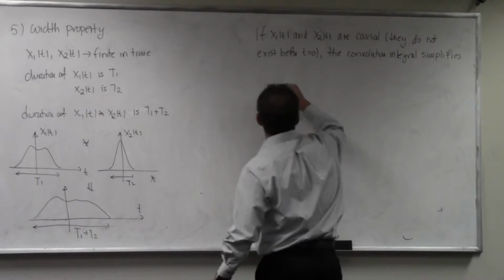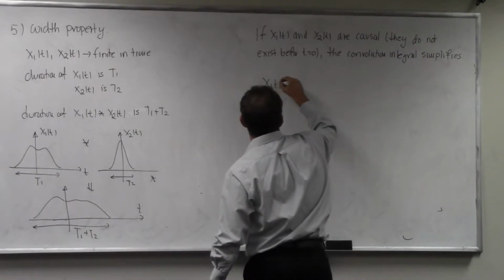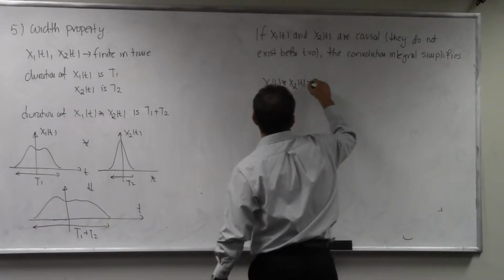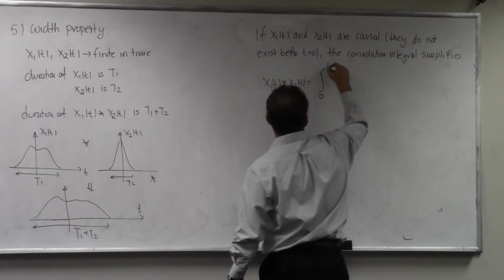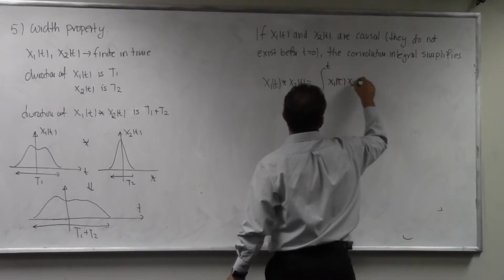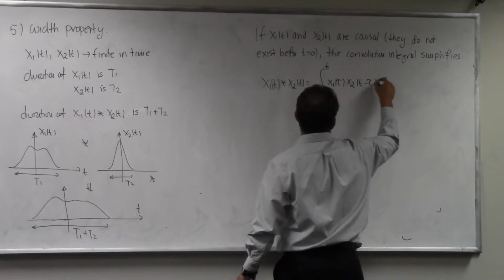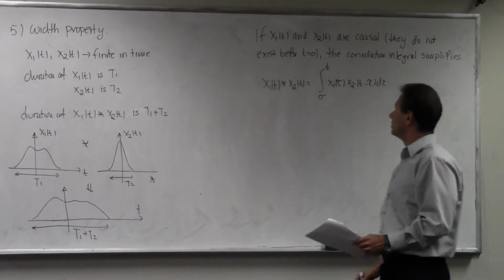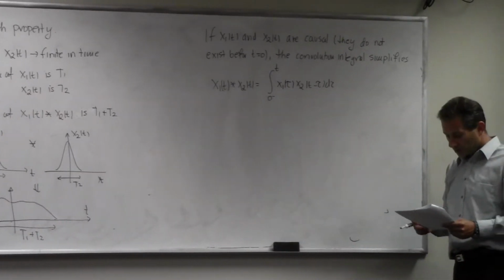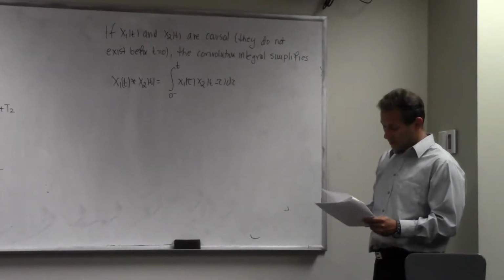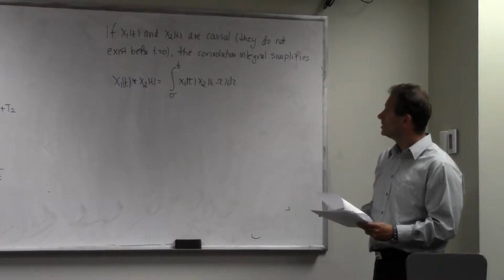And I can say here x1 of t convolved with x2 of t is going to be the integral from 0 to t of x1 of tau, x2 of t minus tau d tau. Usually we put 0 minus here to include the potential initial conditions at t equal to 0.